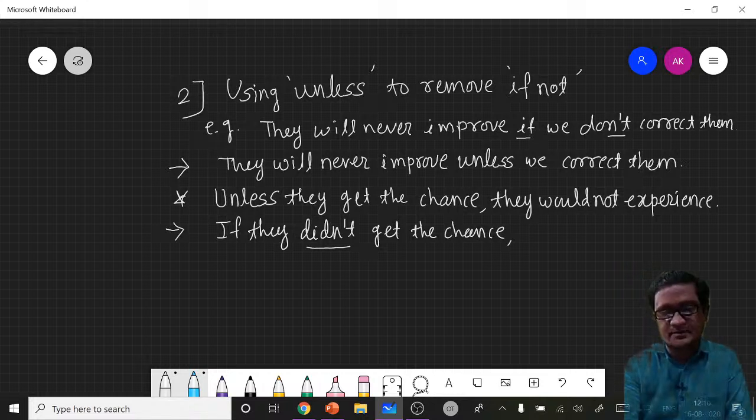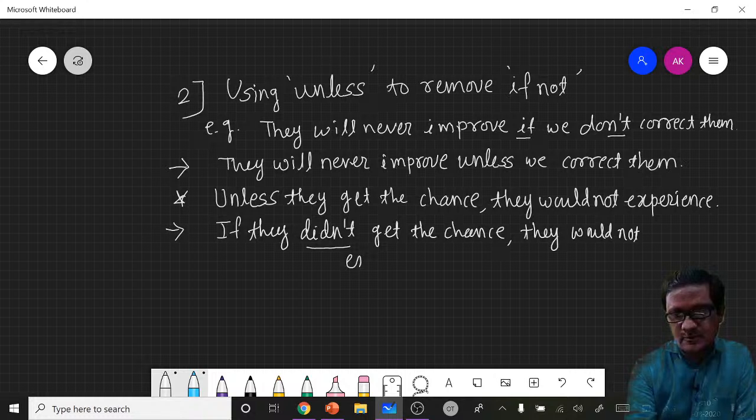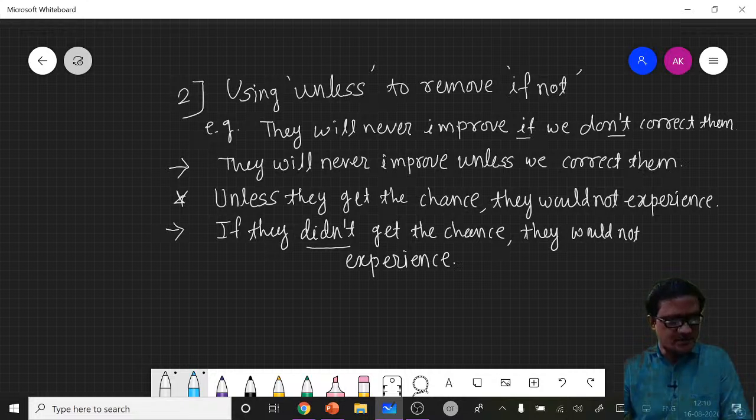That's why I'm using: if they didn't get the chance, they would not experience. This is how we have changed from an affirmative into a negative sentence. I think you might have got a clear idea about this affirmative and negative transformation.